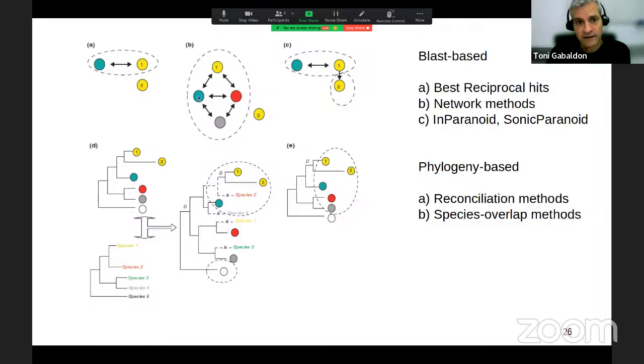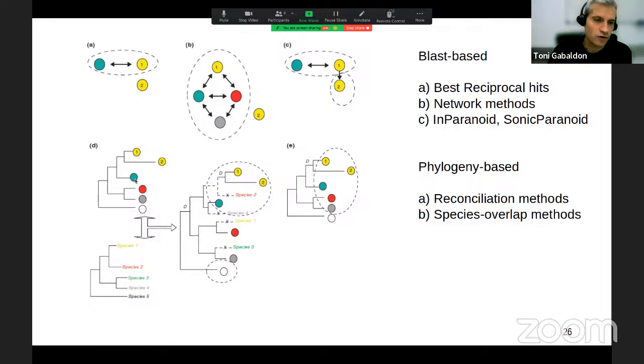There are also other methods that require constructing gene phylogenies, and I will classify these methods into two main groups. Reconciliation methods, in which you know a species tree or you infer a species tree from the data, and then you reconcile the gene tree and the species tree so that they agree with each other by introducing duplications and gene losses.